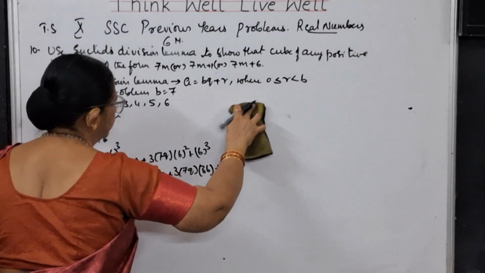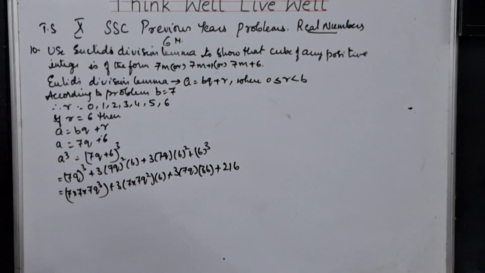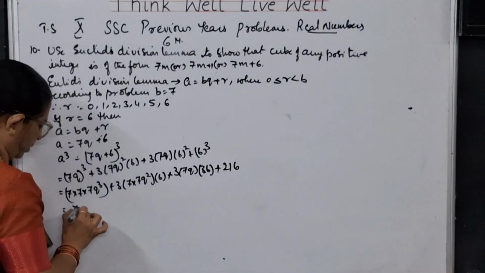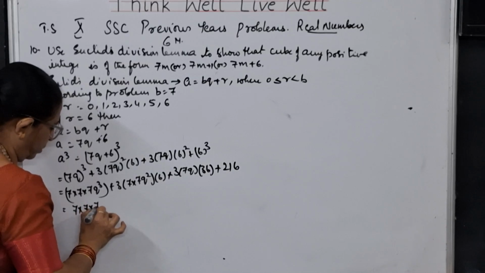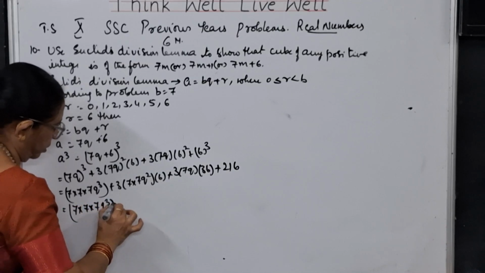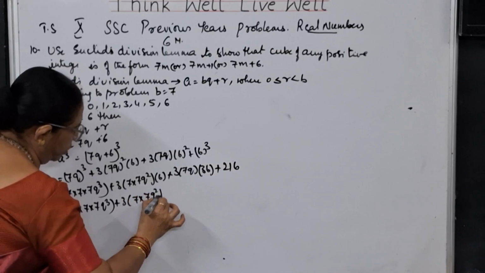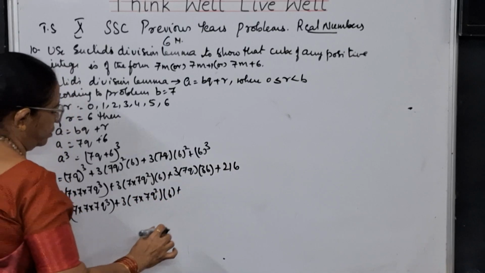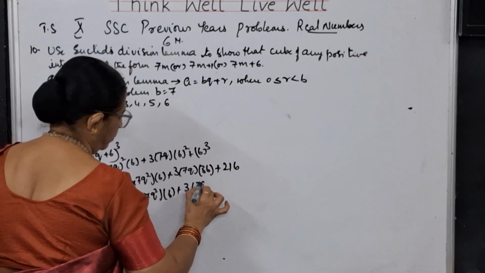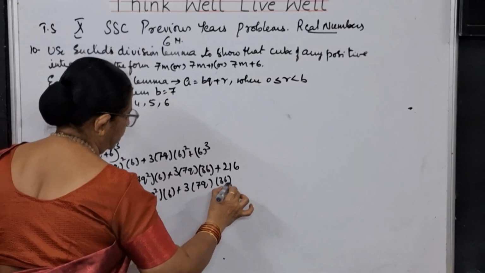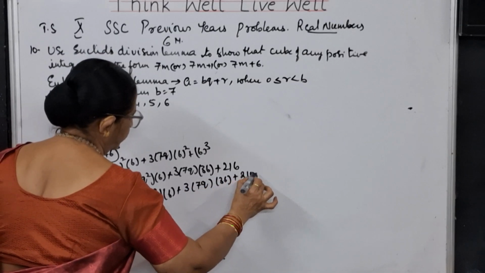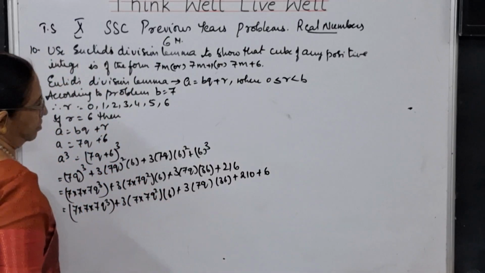So how will you divide? We can take it as 210 plus 6. So 7 into 7q cube plus 3 into 7q square into 6 plus 3 into 7q into 36 plus 210 plus 6.